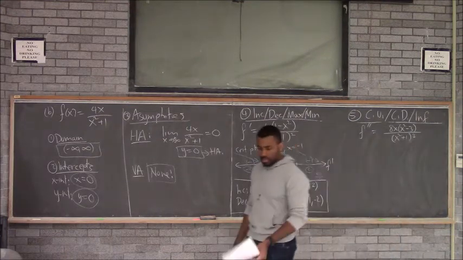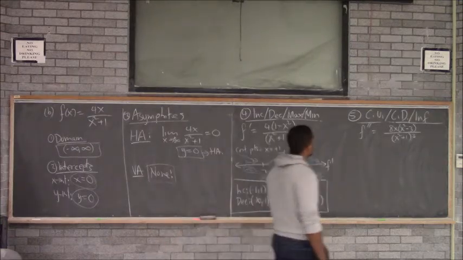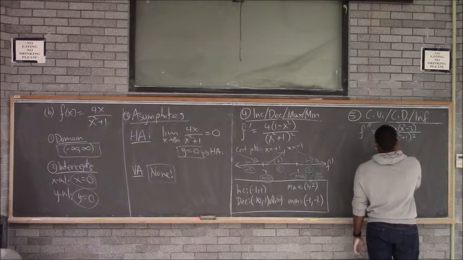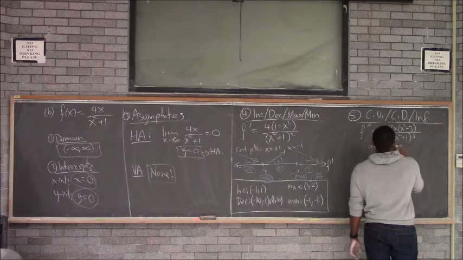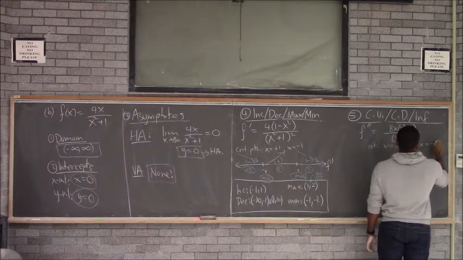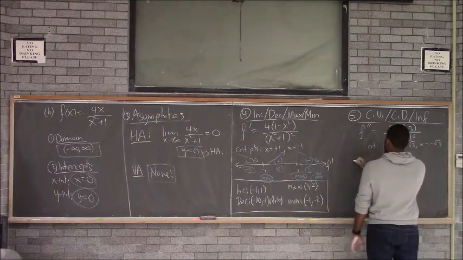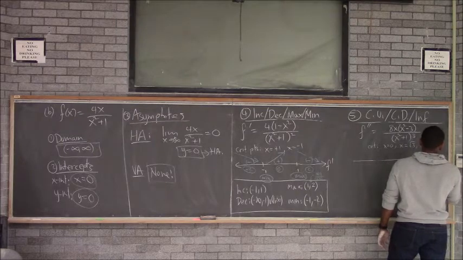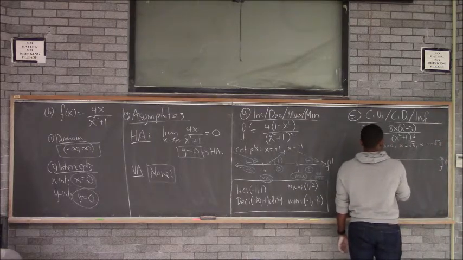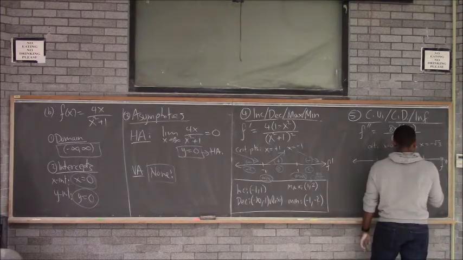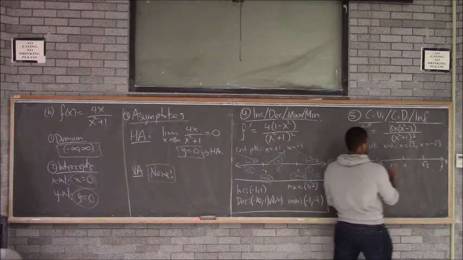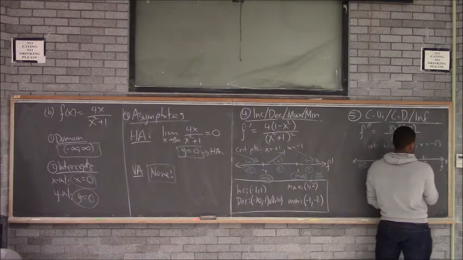Critical points: 0, radical 3, and minus radical 3. I'm going to plot those on a number line, testing the second derivative. Negative radical 3, 0, radical 3. And I'm going to plug in numbers between them, say a minus 2, a minus 1, a 1, a 2.